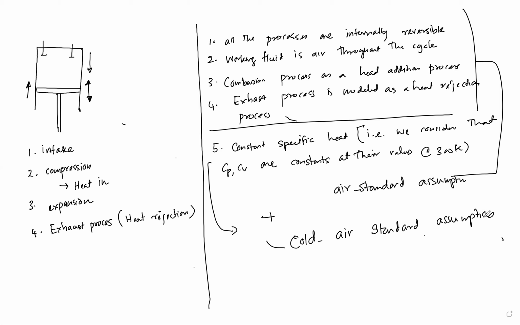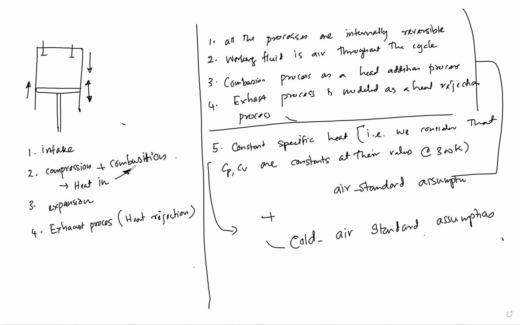So now we know that the intake process and compression process, and then at the end, it's a heat addition process because the combustion takes place, right? The combustion process is a heat addition process. And then you have the expansion process and also the exhaust process, which is a heat rejection process.